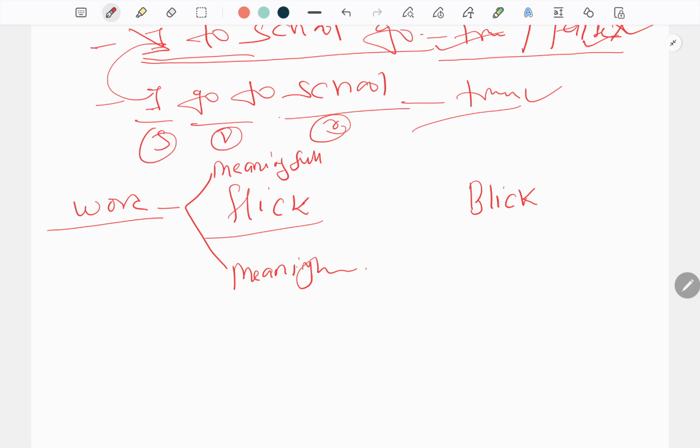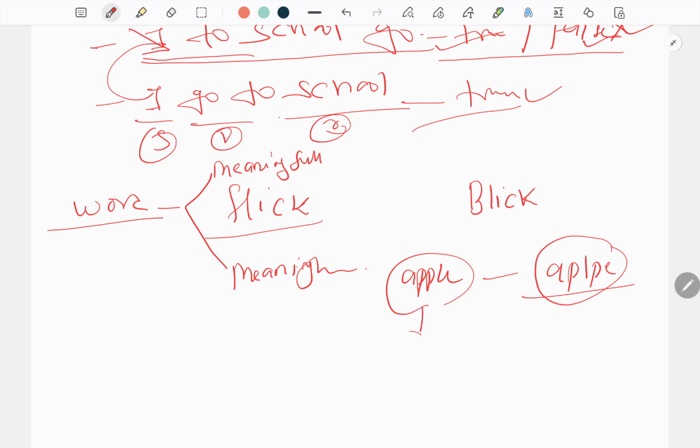It means that if we have a word like "apple" and we have the same thing like "APLPE", this is the incorrect order, this is the right order. So this gives meaning, and this doesn't give any kind of meaning.